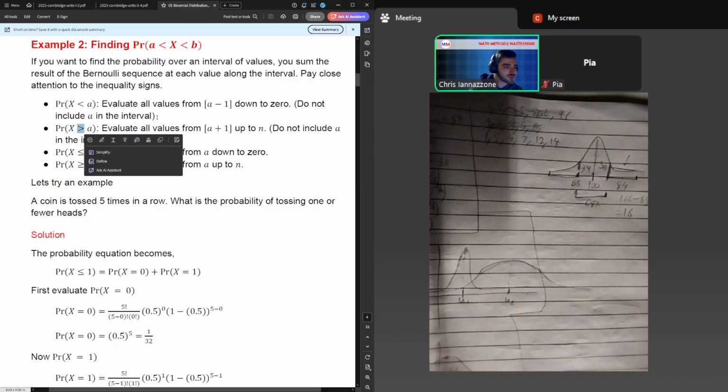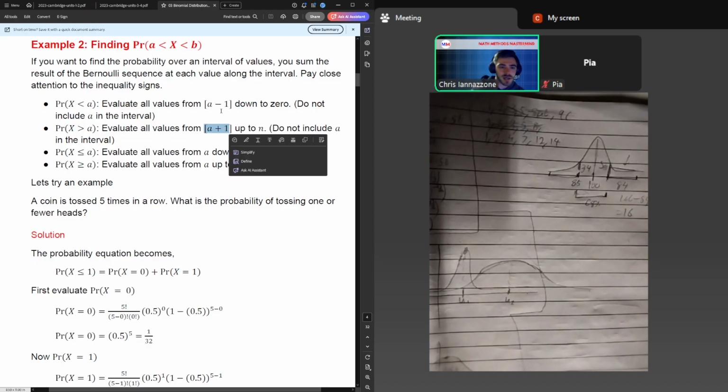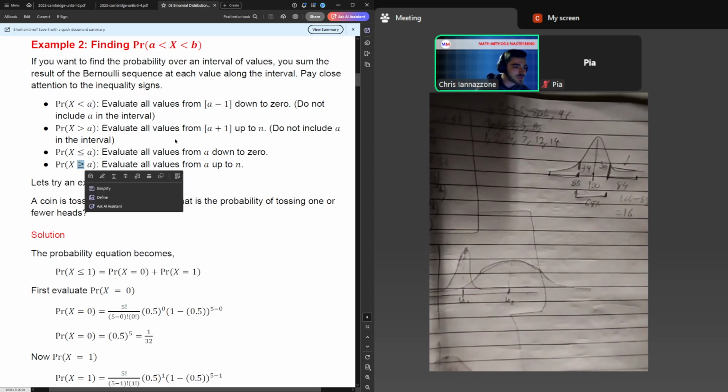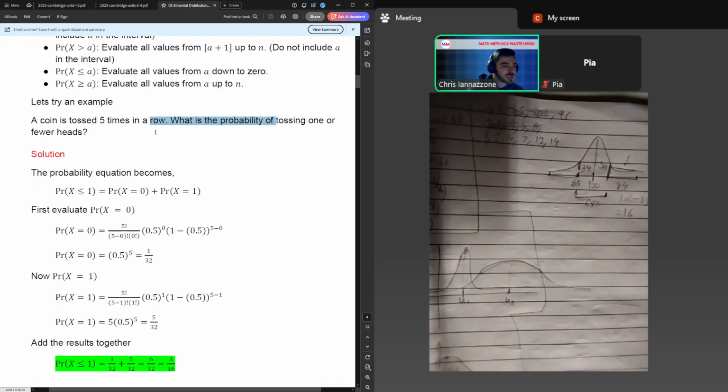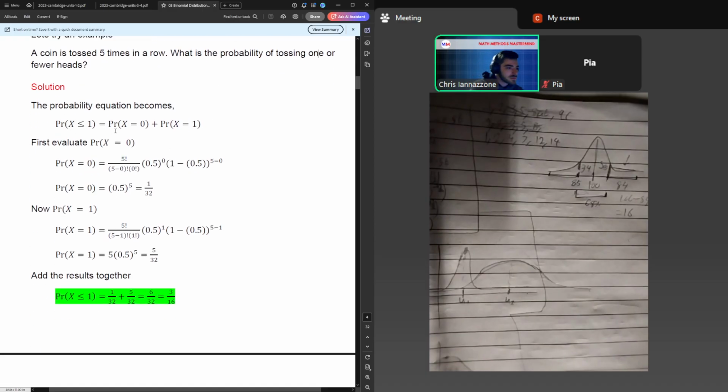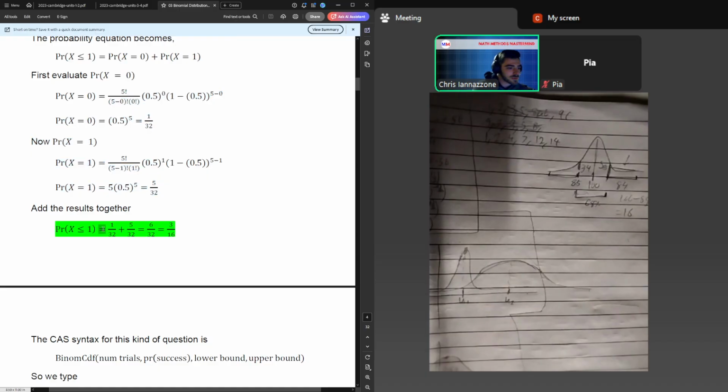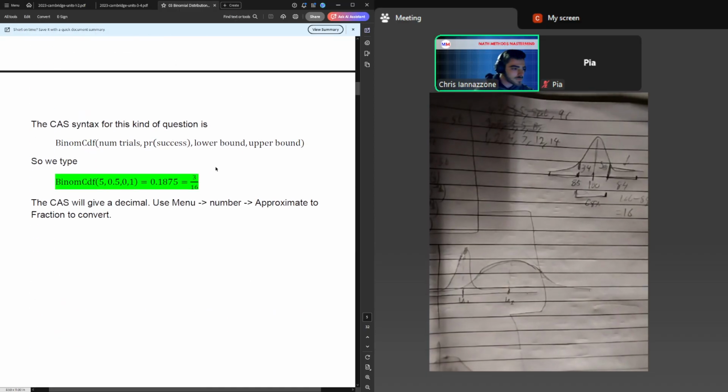Any less than or greater than signs are exclusive, so you want to go one layer up or one layer down from the numbers given. Whereas if you've got the equal signs attached to them, then you just start with that. For instance, tossing 1 or fewer heads means inclusive of 1, which is why you do x equals 0, x equals 1. You calculate them individually and add them together.